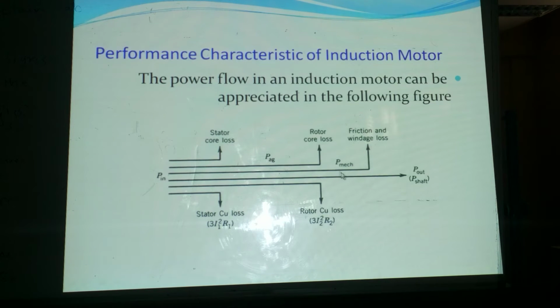Mechanical power developed is calculated from air gap power by subtracting rotor core losses and rotor copper losses. And power available at the shaft, the power output, is calculated by subtracting friction and windage loss from the mechanical power developed.